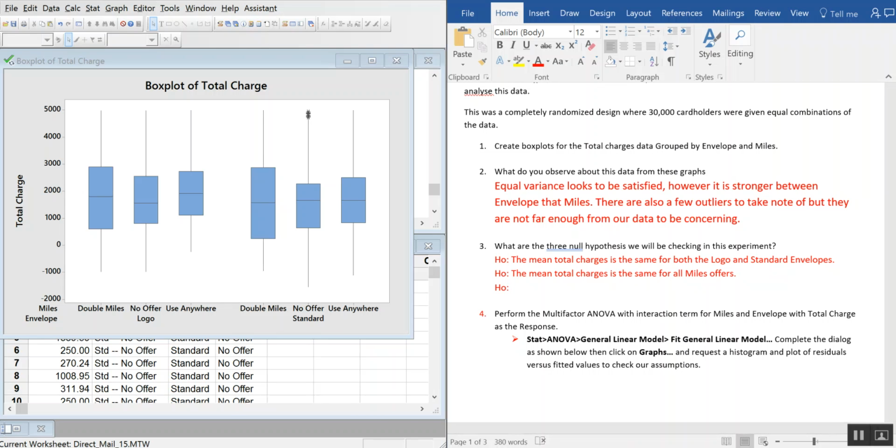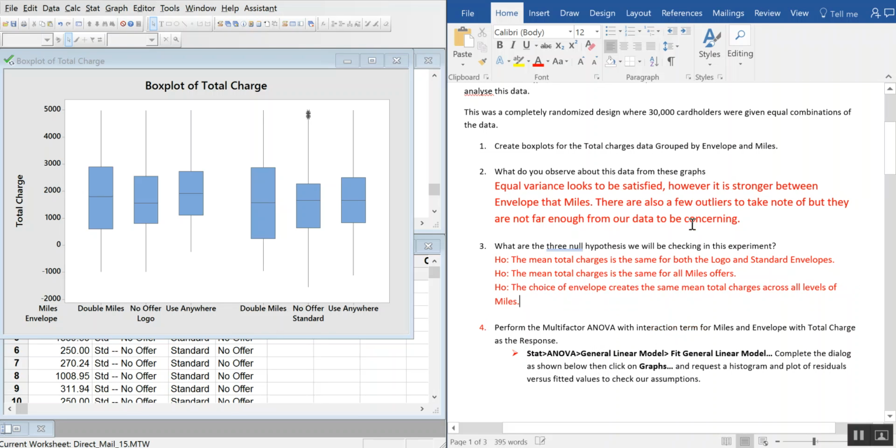The last hypothesis I want is in reference to their interaction. So I would say the choice of envelope creates the same mean total charges across all levels of miles.